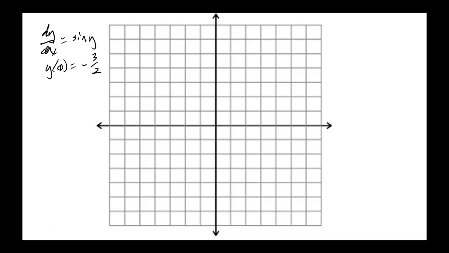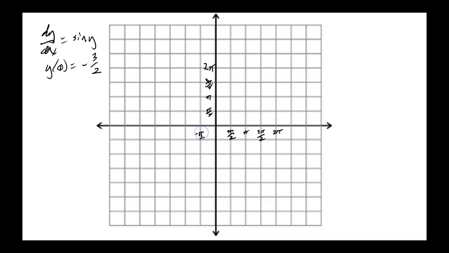Now, this time I'm going to choose my grid a little differently. It doesn't really matter that much here. Pi halves, pi, 3/2 pi, 2 pi, and so on.